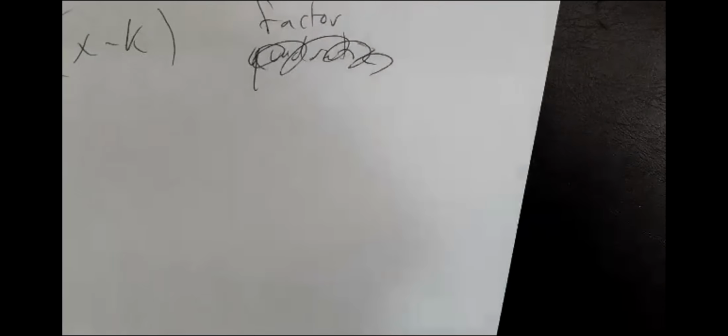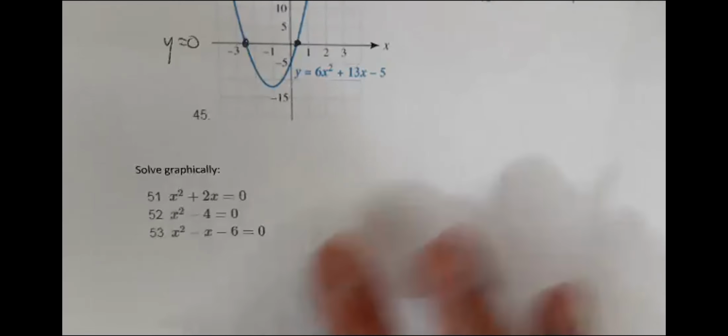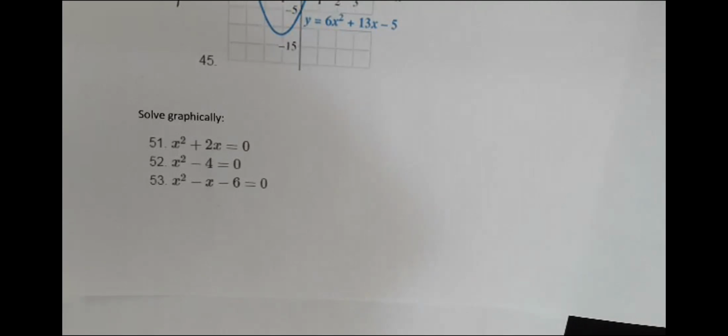Okay, so we got 3 more to solve graphically on here. I know we're running out of time. So the thing is, on this section, I plan to finish this on Monday if I'm being honest. I'm trying to spend some extra time on this and get at this factoring stuff and how to solve these zeros.